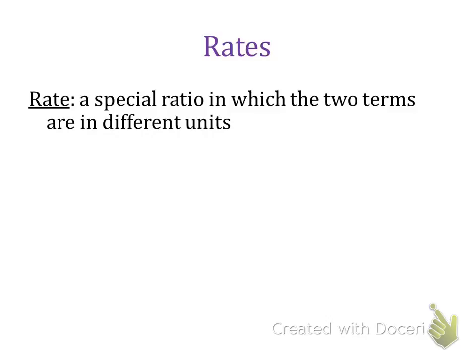A rate is a special ratio in which the two terms are in different units. Typical rates we hear are like 12 inches to a foot, 5,280 feet to a mile, 1,000 meters in 1 kilometer. Those are rates.